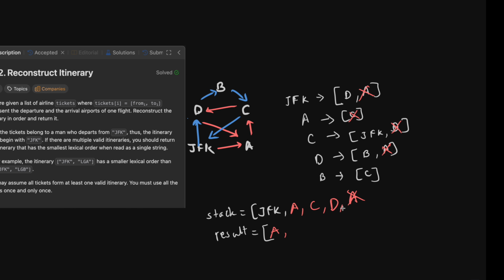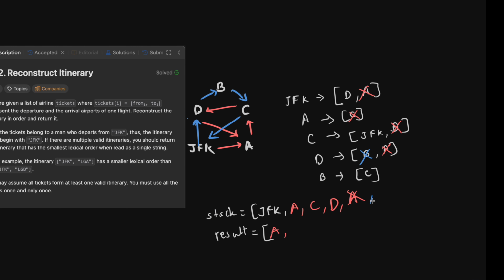Now let's go ahead. So D. Now the last element in our stack is D, and we already have processed A. So we now have B. This is gonna be another path, and we're gonna go through this path. So how that will work is you have a D, you go back here, you see B as the next element to pop.